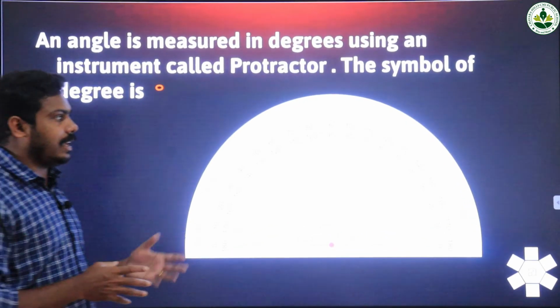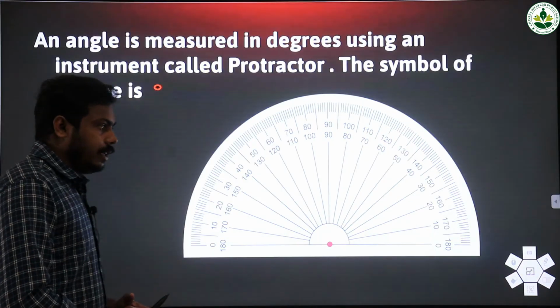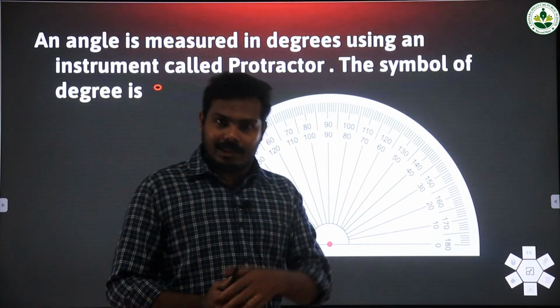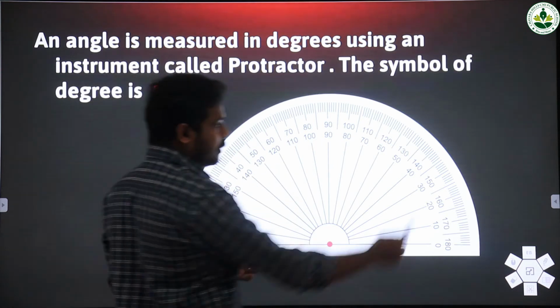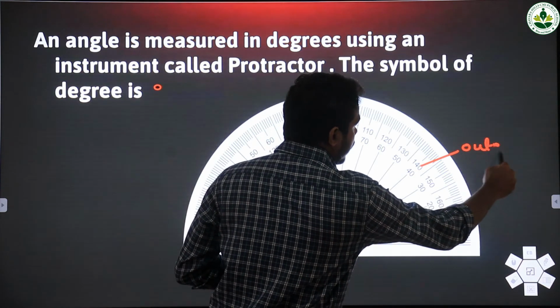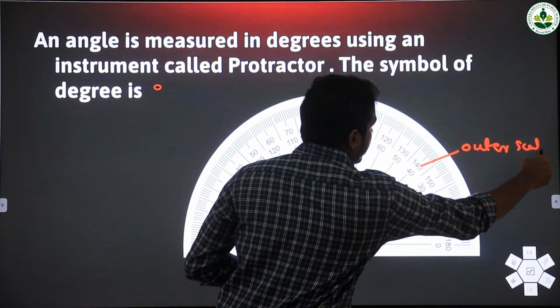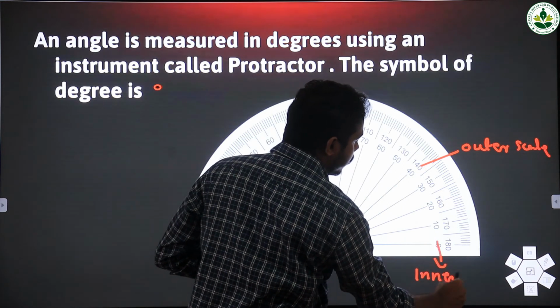And here they gave the picture of a protractor. Here we can see two scales. The first one is the inner scale and the second one is the outer scale. This one is the outer scale, and this one is the inner scale.